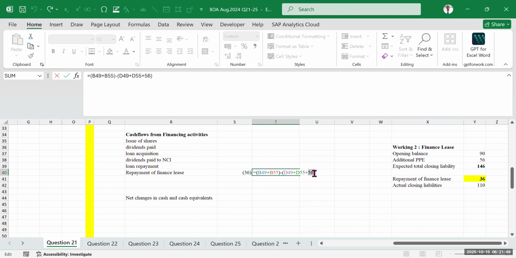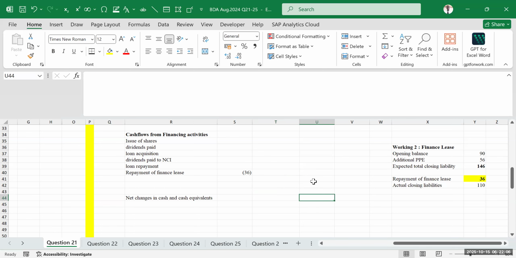This was an additional purchase of PPE on a lease, so this one increased our liability. If you compare that with the total of the closing, you will get the amount that was paid during the year. So you choose which approach is easier for you. I've given you both. So allow me to delete this after giving you that other way. This one is meant to just save time for you.